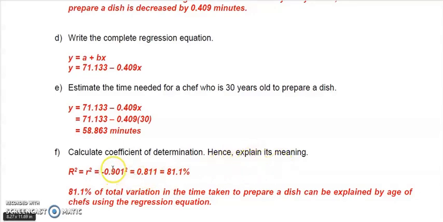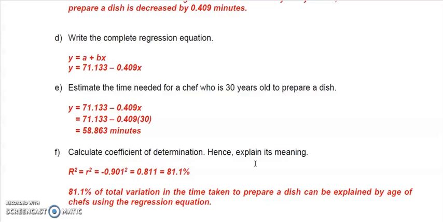How to explain the coefficient of determination? Recall how to interpret it: how many percent of the total variation in y can be explained by x using the regression line.